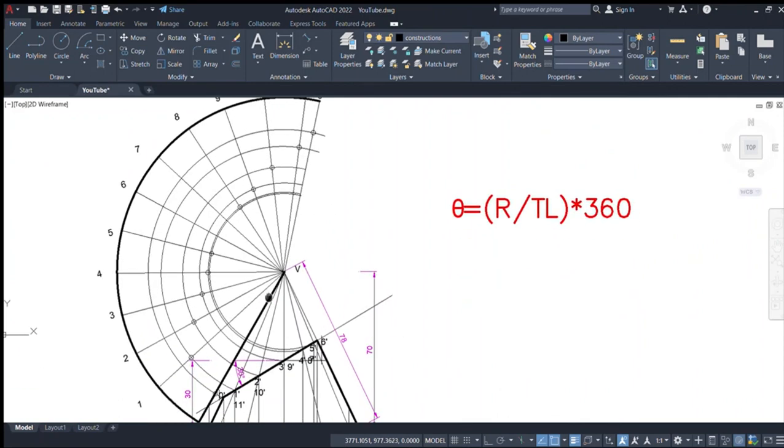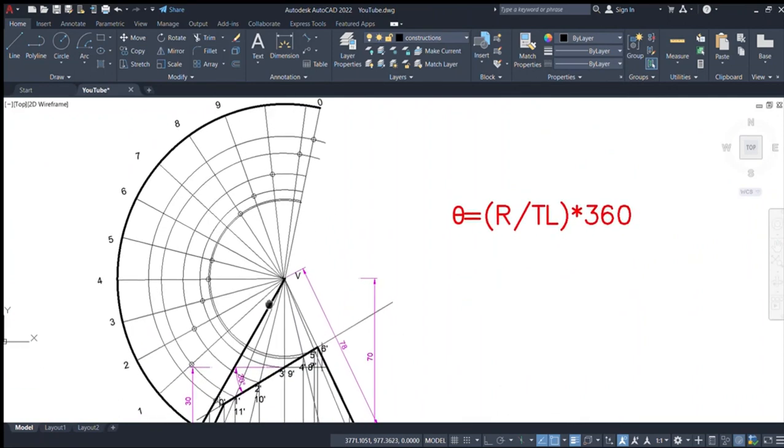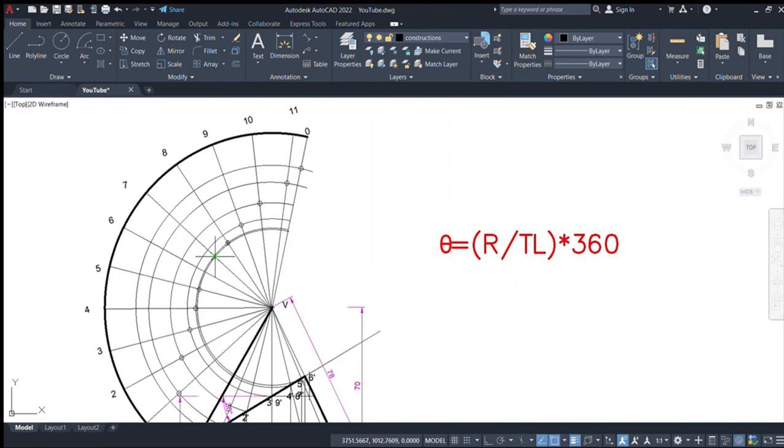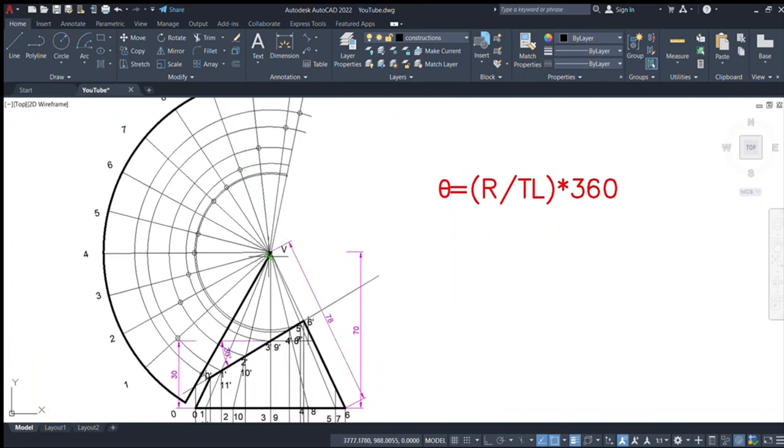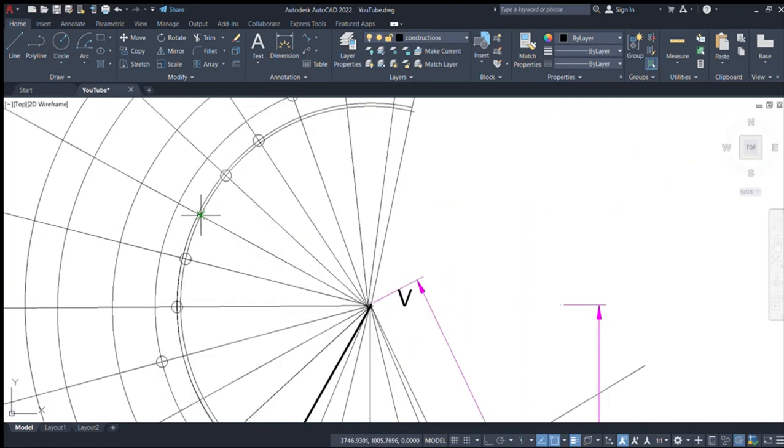That's point 5 and 7. Then finally point 6. So line 6 is this one.